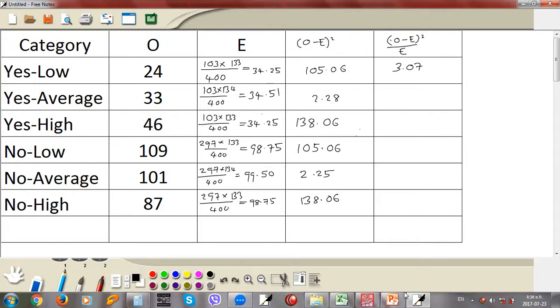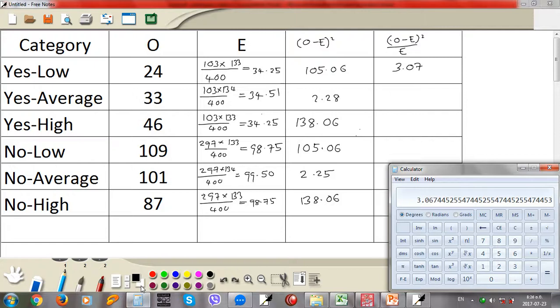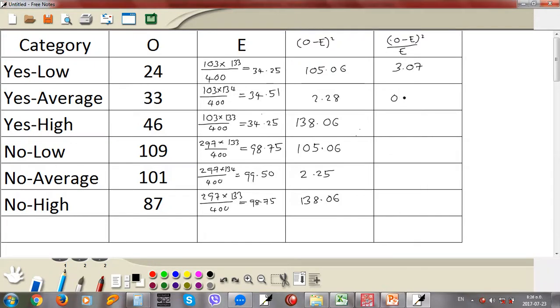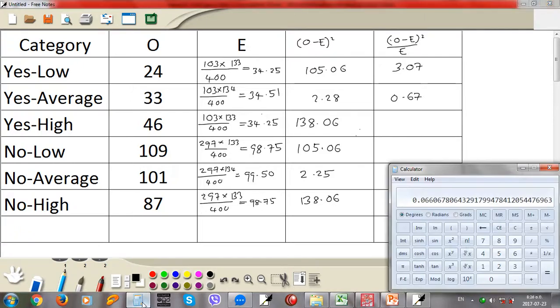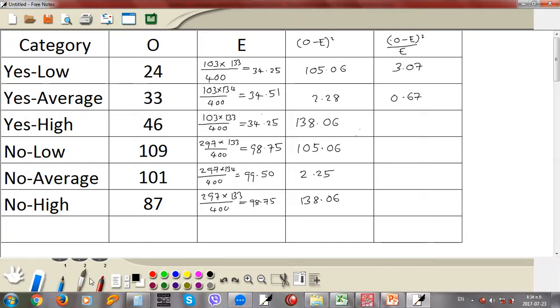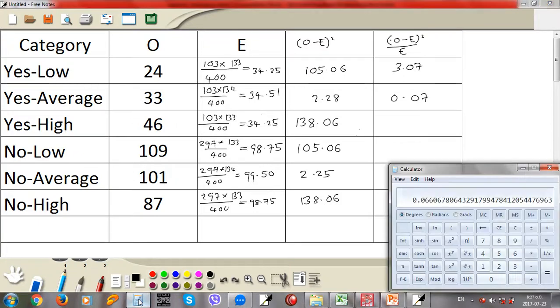And next one, 2.28 divided by 34.51, that is 0.07.